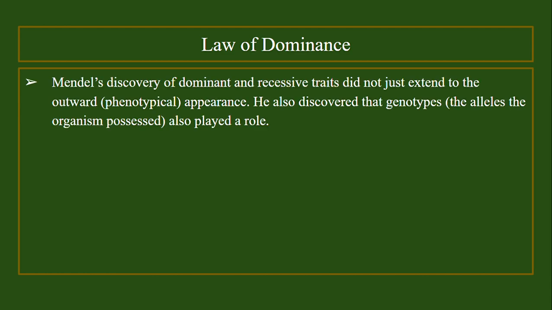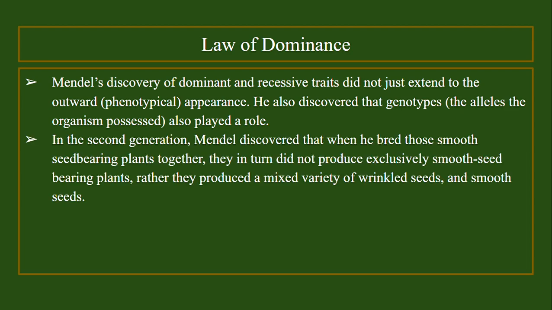Mendel's discovery of dominant and recessive traits did not just extend to the outward, or phenotypical, appearance. He also discovered that genotypes, the alleles that the organism possessed, also played a role. In fact, genotypes lead to phenotypes. In the second generation, Mendel recrossed those two offspring.